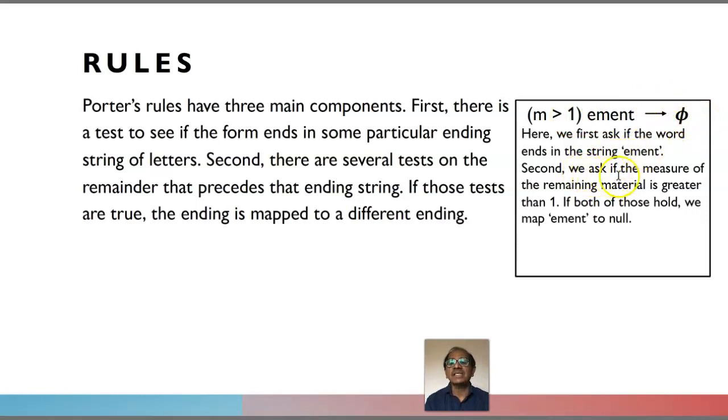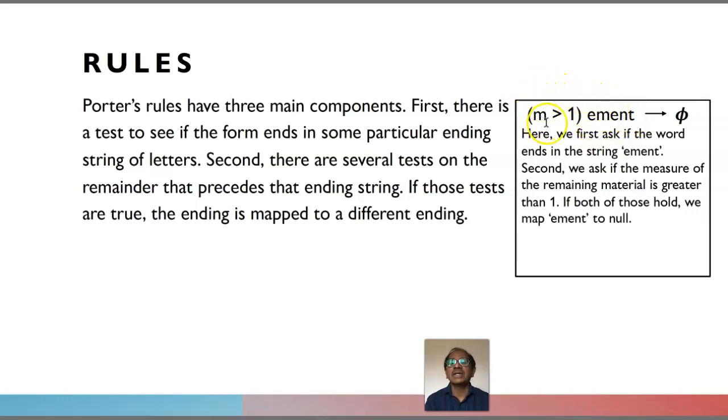Second, we ask if the measure of the remaining material is greater than 1. If both of these hold, we map ement to null. For example, if you look at a word like cement, C-E-M-E-N-T, you have the E-M-E-N-T ending, but M is not greater than 1, M is 0. So cement remains as cement. If you look at the word entertainment, then there is ement.